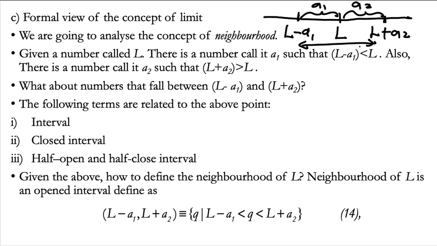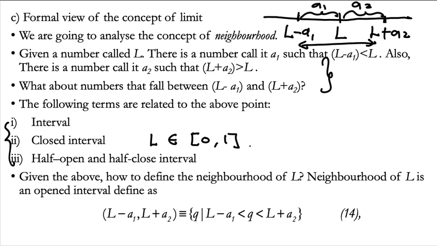So when we talk about intervals here, numbers 1, 2, and 3 here are the terms that are related to all of what I said just now. When we have an interval, we also have the closed interval, and the half open and half closed interval. If we have a closed interval, let's say we have L, and we say that L is between 0 and 1.